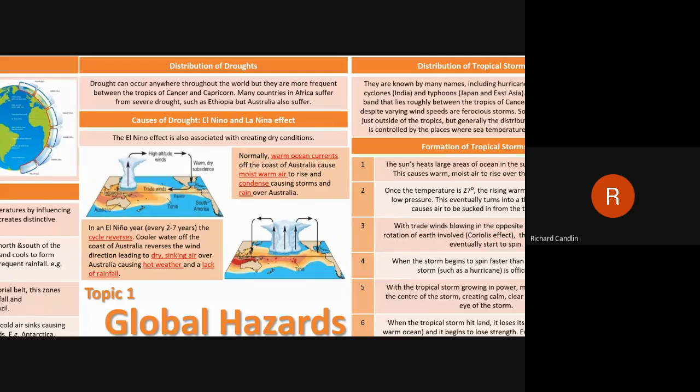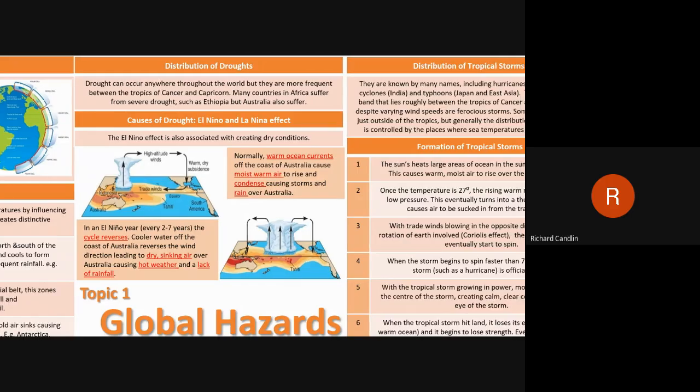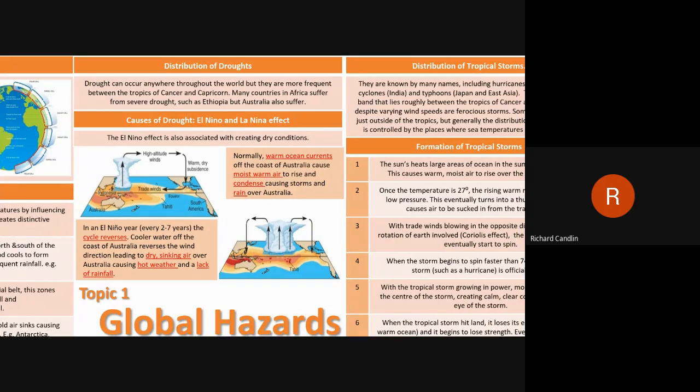But if these trade winds begin to slow, we end up coming into an El Niño, which only happens every 2 to 7 years, okay? And this begins to reverse the cycle, which is what can happen here. So all this warm water gets spread in the middle, and you end up with a double cycle, okay?